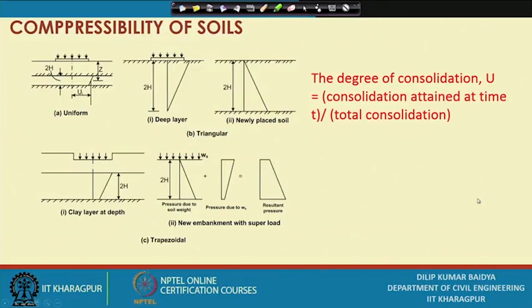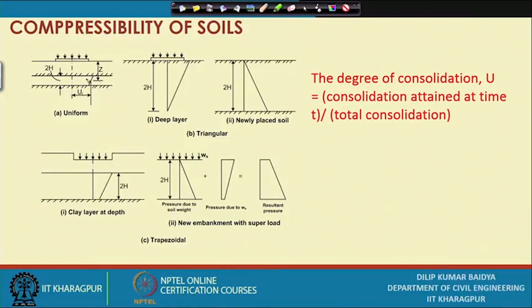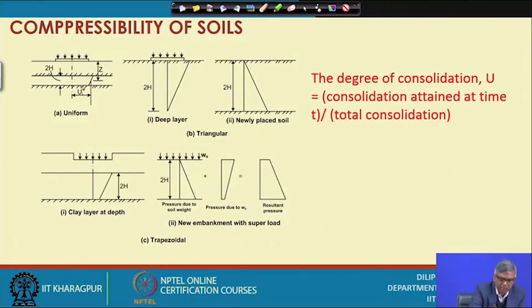Now, when you apply the load on the surface, generally the pore pressure development will not be uniform, and it will be different at different places. When there is a thin layer at a great depth and load is applied here, by Boussinesq's theory and others, the pressure intensity reduces with depth. So, at this point there will be a different pressure, and the pressure will be countered by the development of excess pore pressure.